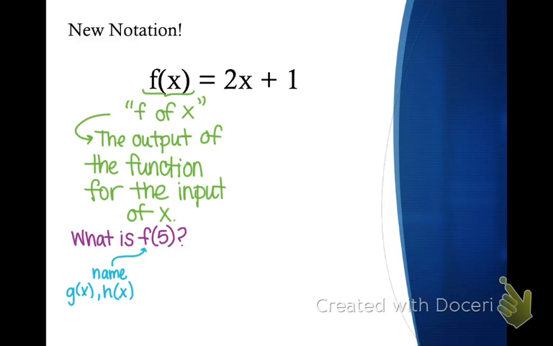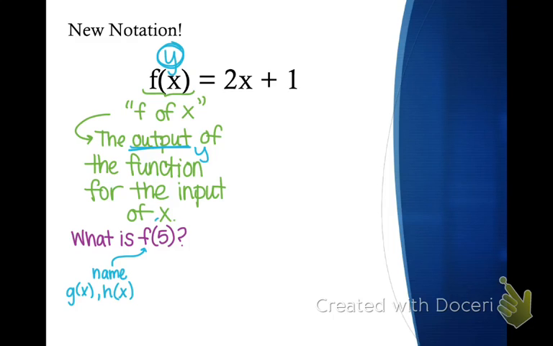Okay? Now, another thing to point out is remember that the output is the y value. And so f of x is really just another way for writing y. Okay, we plug x in, we get y out. Or we plug x in, we get f of x out.